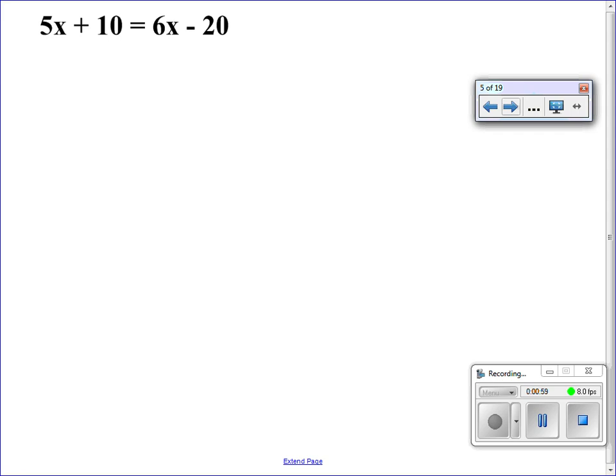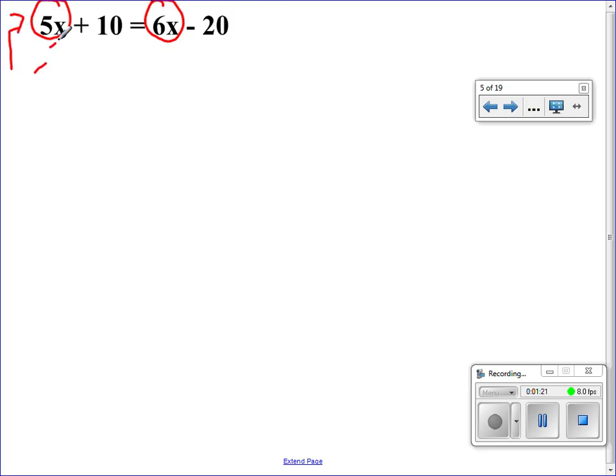So here's an equation: 5x plus 10 equals 6x minus 20. This is an equation that has variables on both sides of the equation. To solve this, you need to get the variables together. I suggest doing that by starting with the smaller variable, which is 5x.